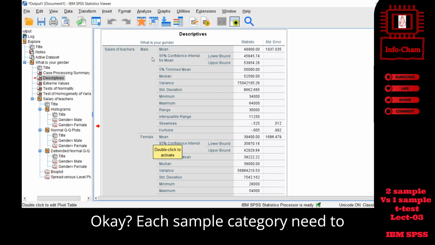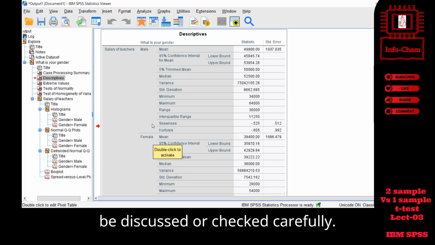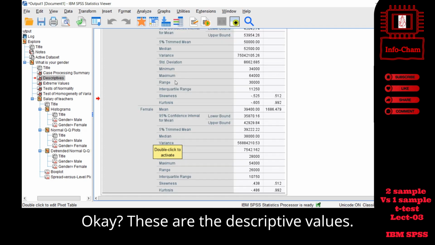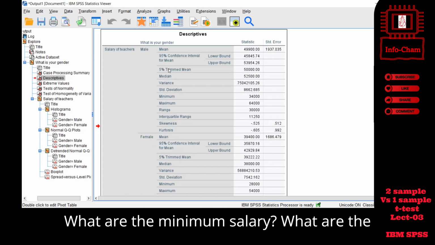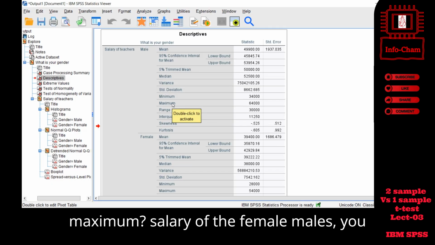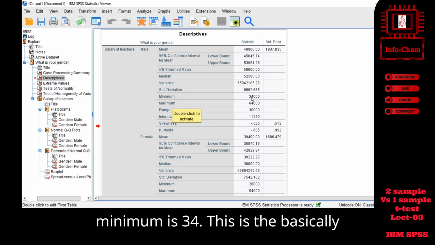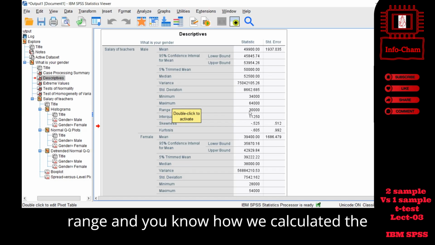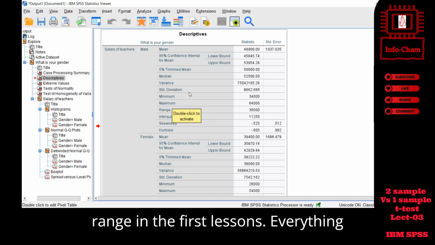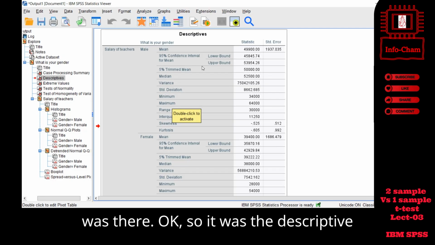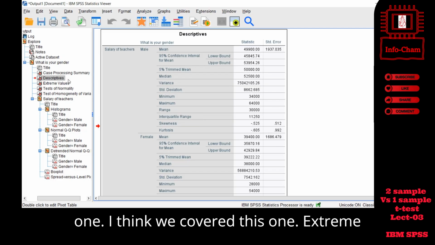Each sample group needs to be checked carefully. These are the descriptive values. What is the minimum salary and the maximum salary of the females and males? You can check here. Maximum salary is 64,000, minimum is 34. This is basically the range, and you know how we calculated the range in the first lessons. So that was the descriptive part, and I think we covered this one.